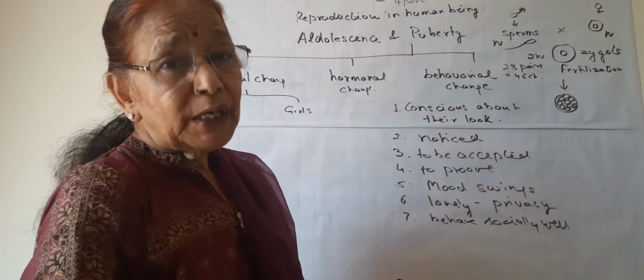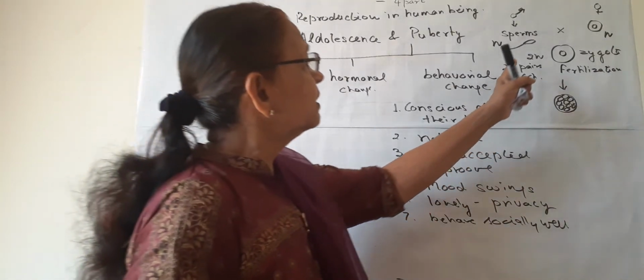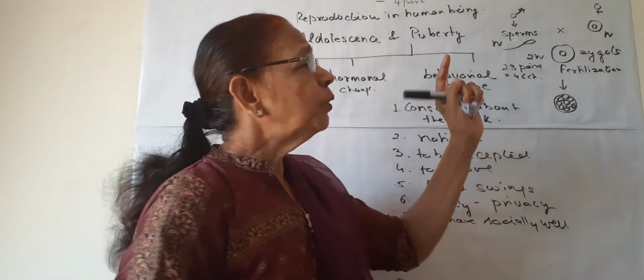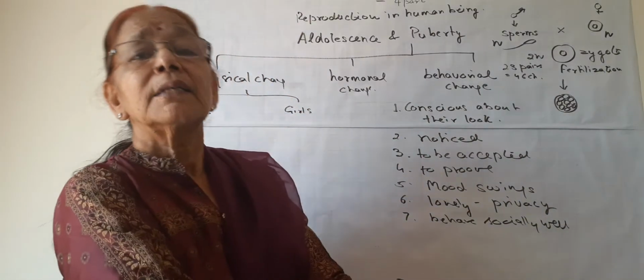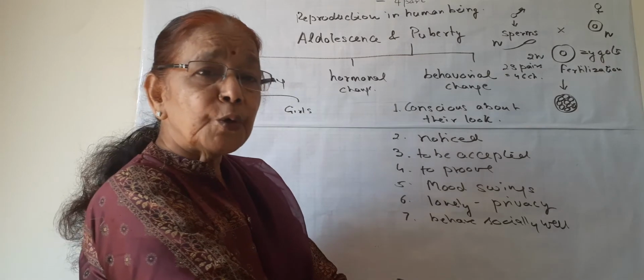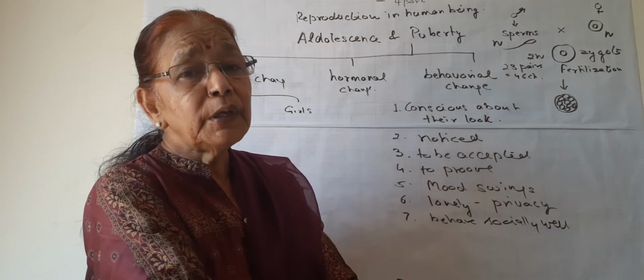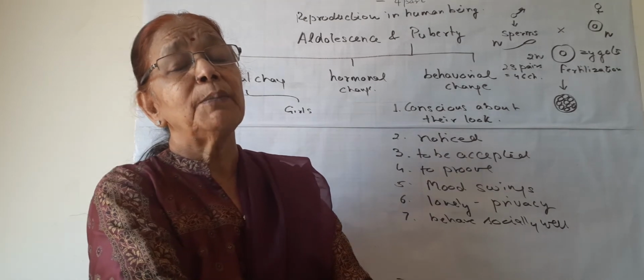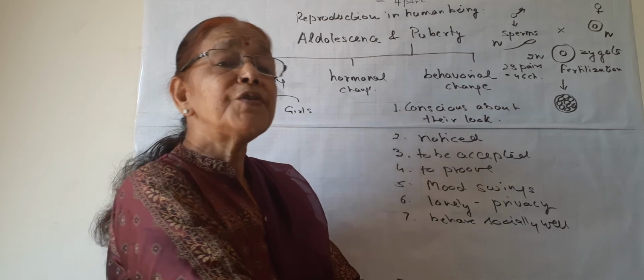But one thing we should know here is that at 15 or 16 years of age, though gametes can be formed and boys and girls are sexually matured, mentally they are not mature enough to take the responsibility of marriage or even having children.